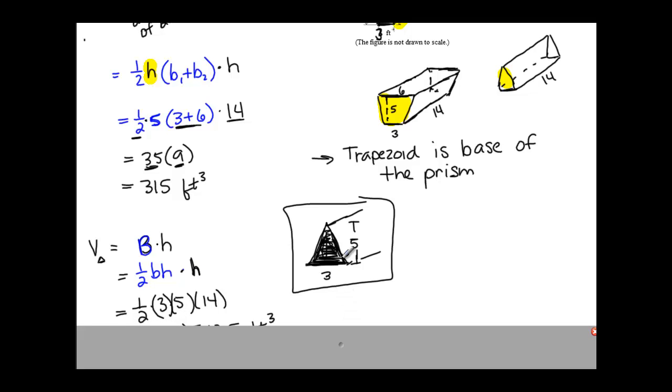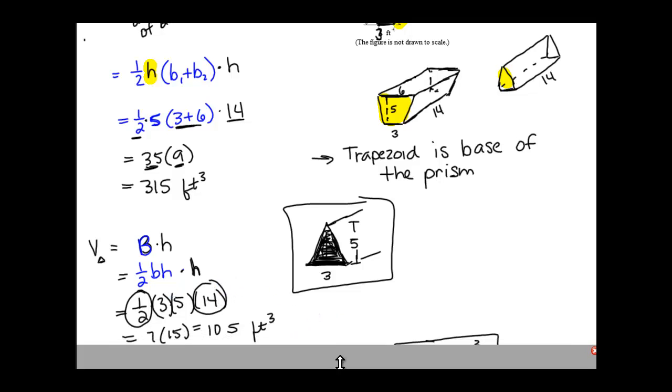So that would be 1/2 times 3 times the height of 5 of the triangle times the height of the prism, which was 14. So as I look at this, I see half of 14 is 7, and then 3 times 5 is 15. So 7 times 15 would give you 105 cubic feet.